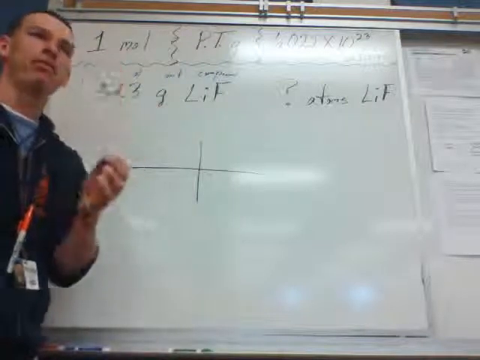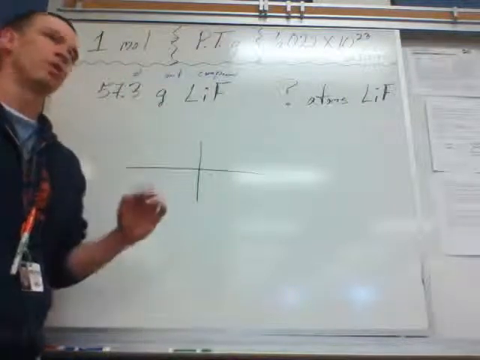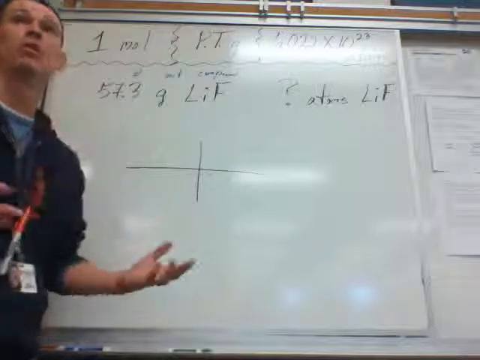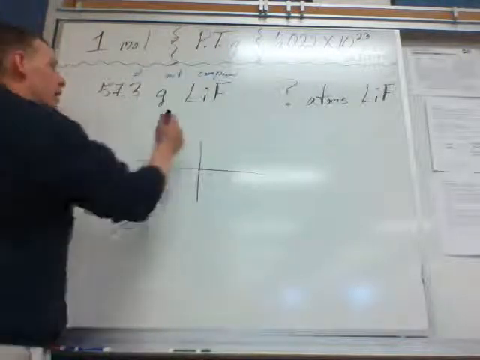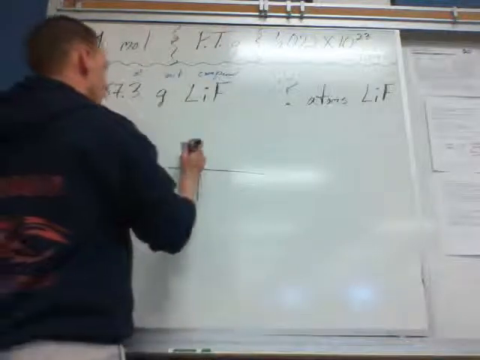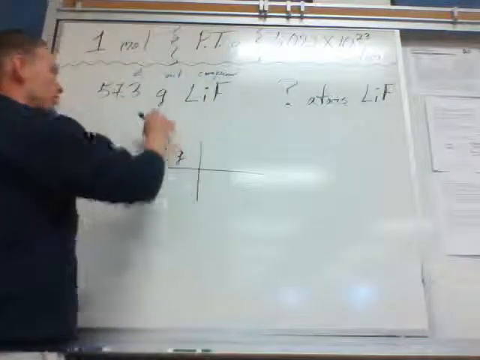It's imperative that you do letters before numbers. Otherwise, you get really confused on what goes where. All right? Remember, my given units will either be grams, moles, or atoms. In this case, it's grams.